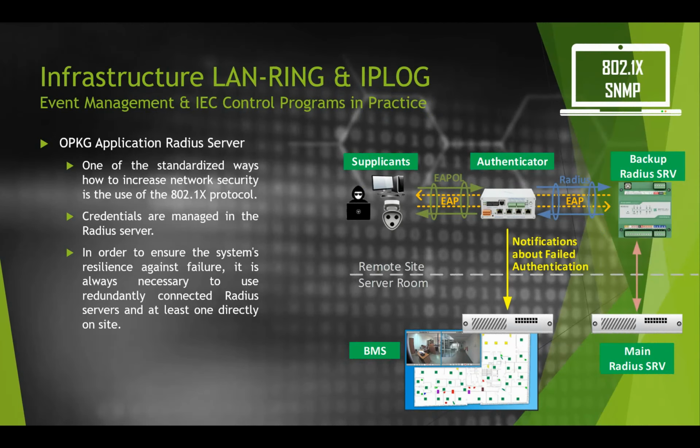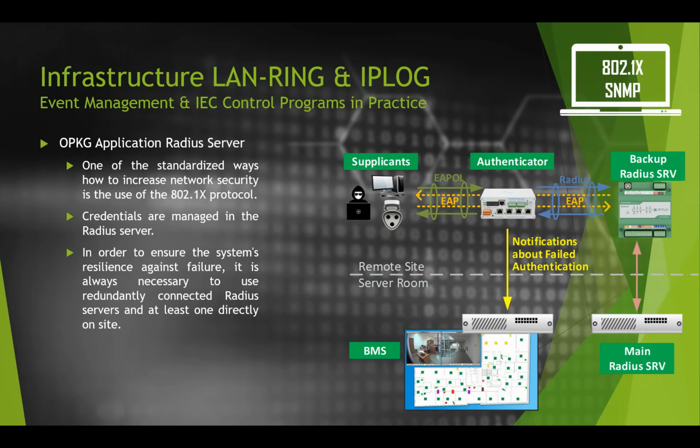The ideal way to increase the security level of the IP system is to deploy authentication using the IEEE 802.1x protocol. A key role in the entire system is played by the so-called RADIUS server, where device and user login data is stored. Each device or user is authorized upon first login and thereafter at regular intervals.